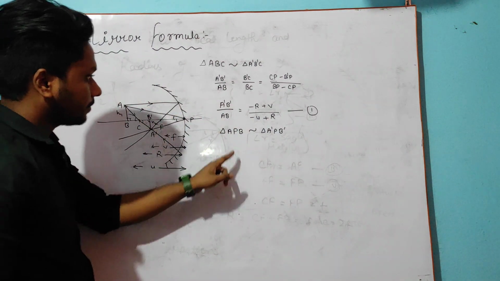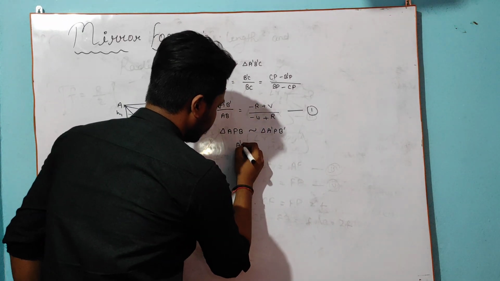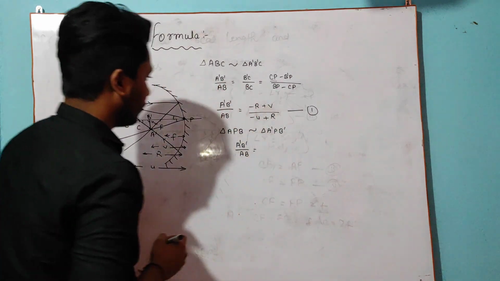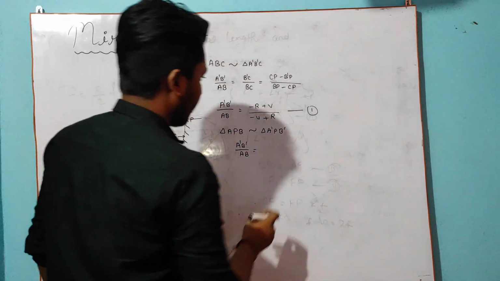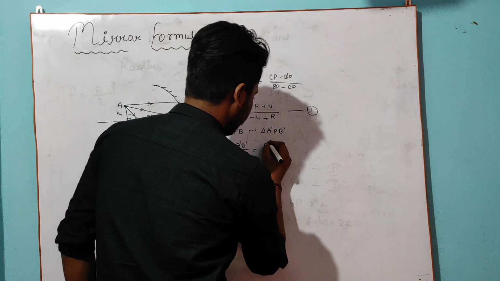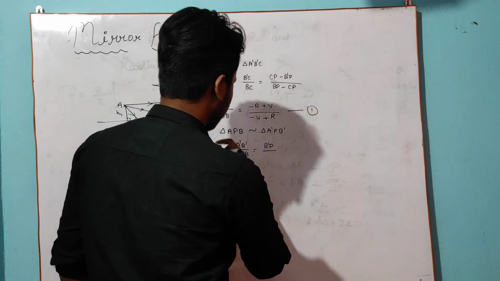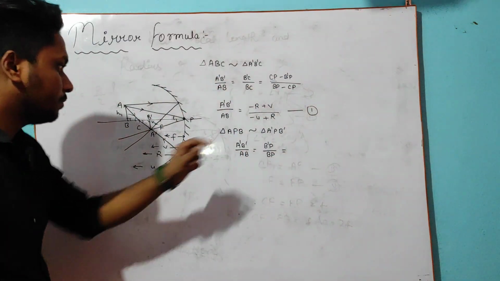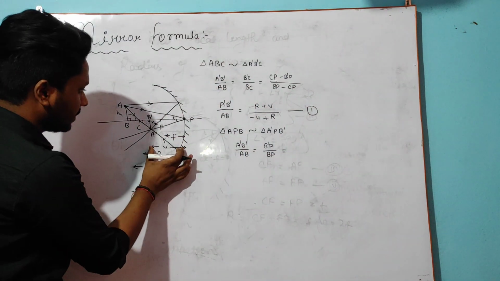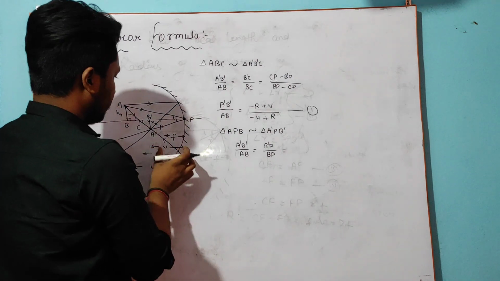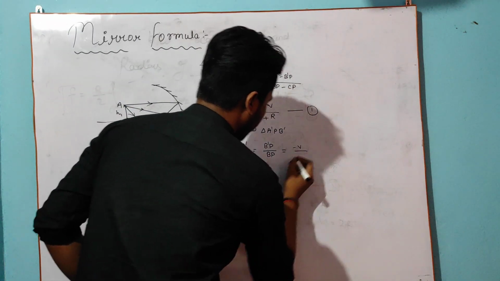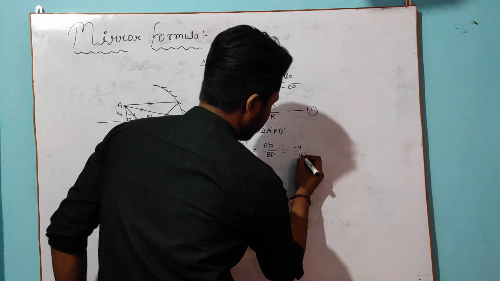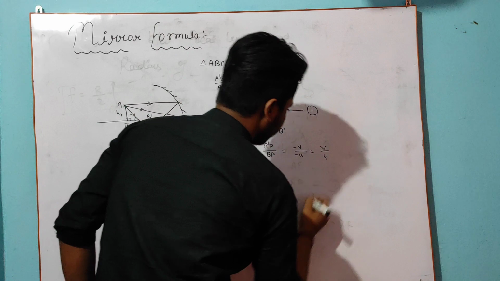Now again, A dash B dash upon AB is equal to what? B dash P upon BP. Now what is B dash P? B dash P is this distance, that is V, which is taken to be minus V, upon BP. BP is this distance U, minus U. So it is equal to V by U.